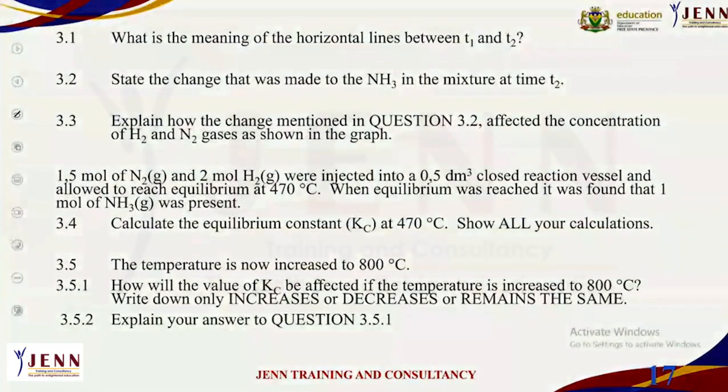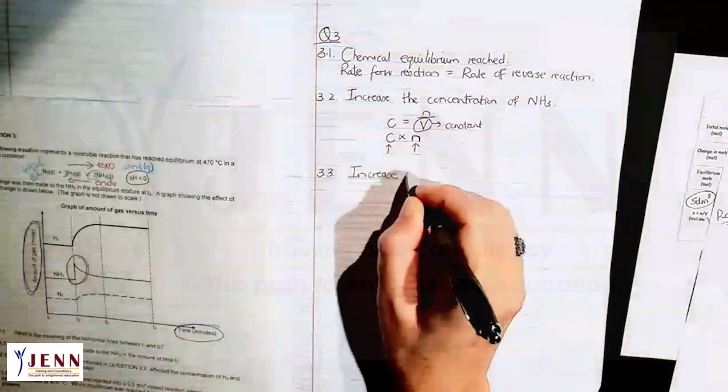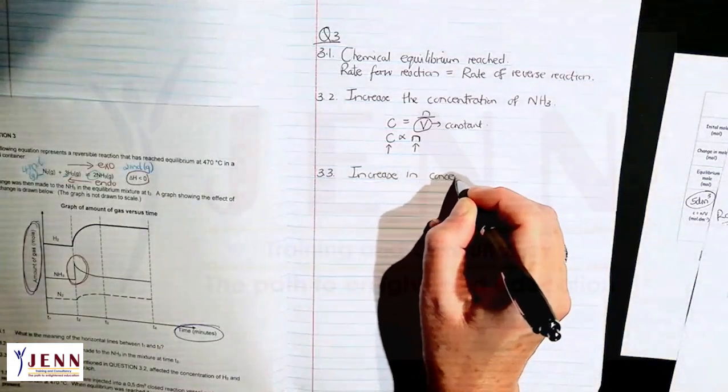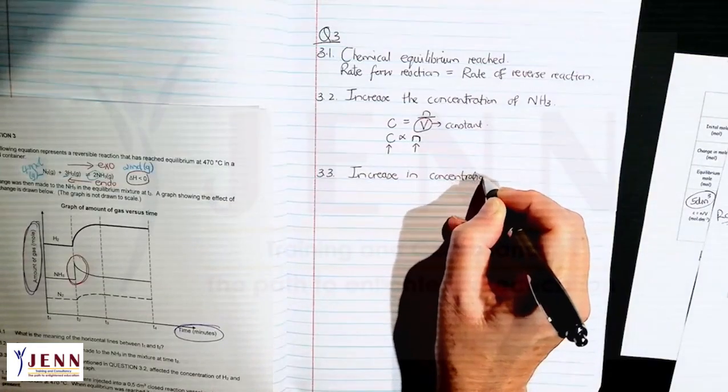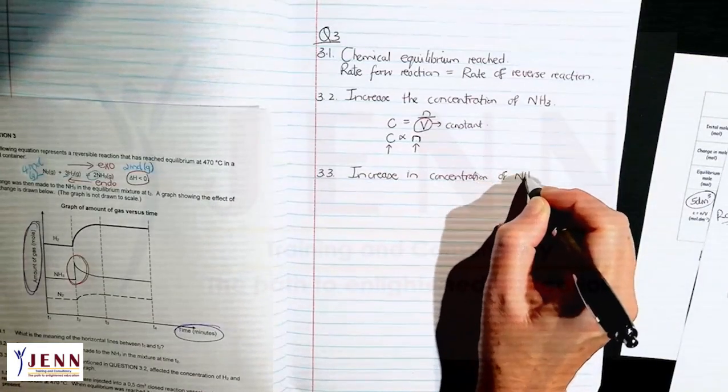3.3. Explain how the change in question 3.2 affects the concentration of H2 and N2 gases as shown on the graph. Okay, so I'm going to explain by using the shuttle here. So I know there was an increase in concentration of NH3.